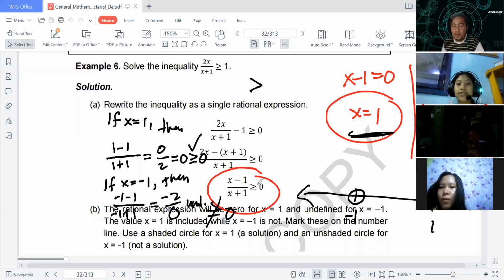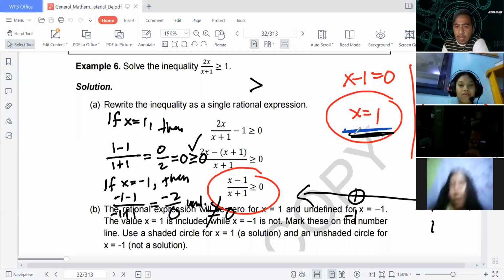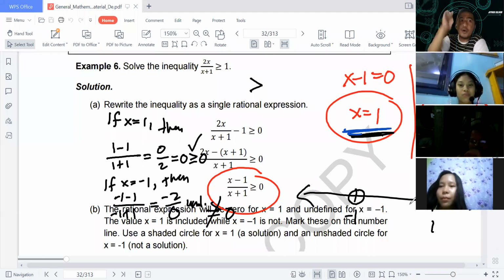Okay. The next step, class, is we determine the interval. How do we determine the interval? The interval will be determined using these values. They are the endpoints of each interval. There are 3 intervals here. Let me show you.